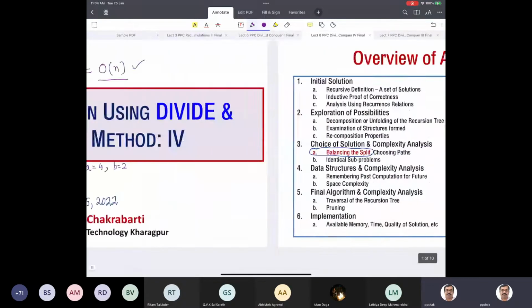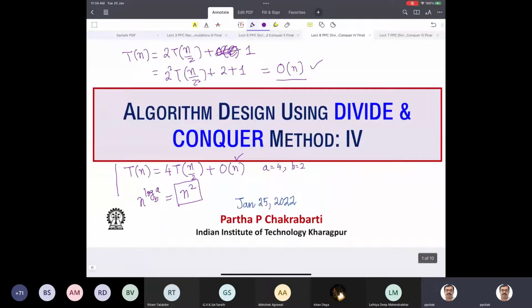Now if I go back to my equation, is there any point in reducing this order n to order 1? Will it make any difference to this equation's complexity? No, sir. So what must I reduce? I must try to reduce this.